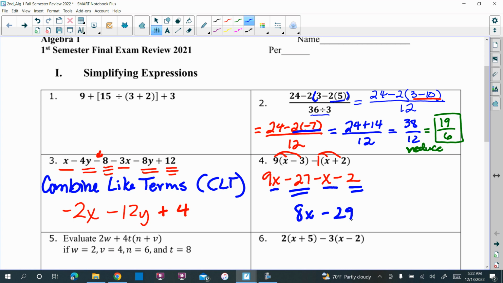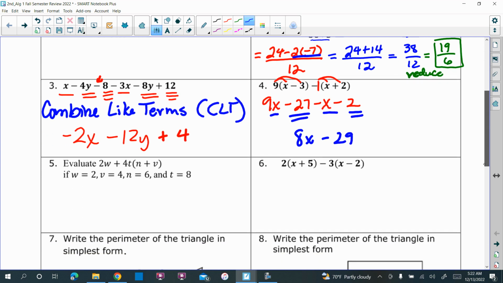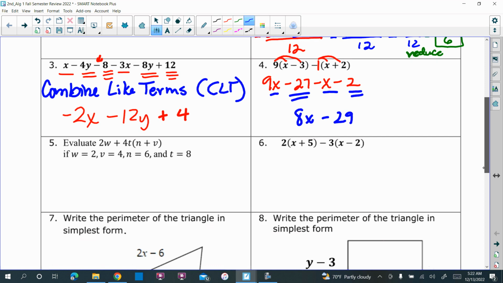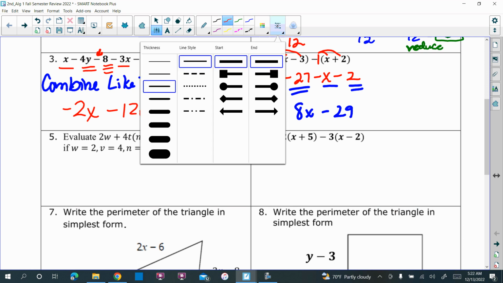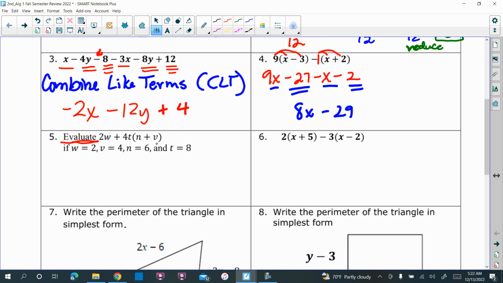So you're definitely going to do that on 6. You have some combining like terms on 7 and 8. On 5, if it says to evaluate, remember you need to plug in, and they tell you the values for each variable. Anytime we plug it in, we should be using parentheses to show that.